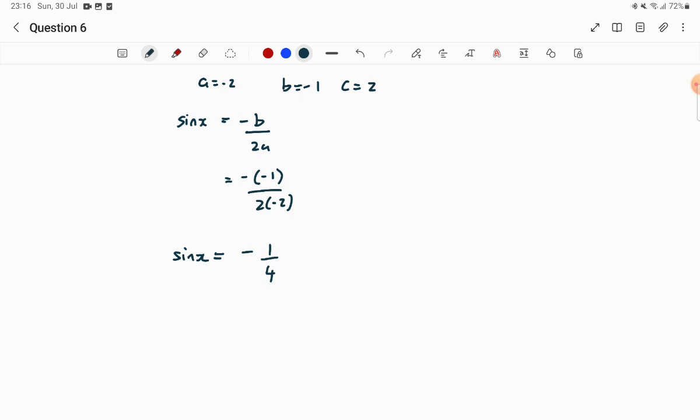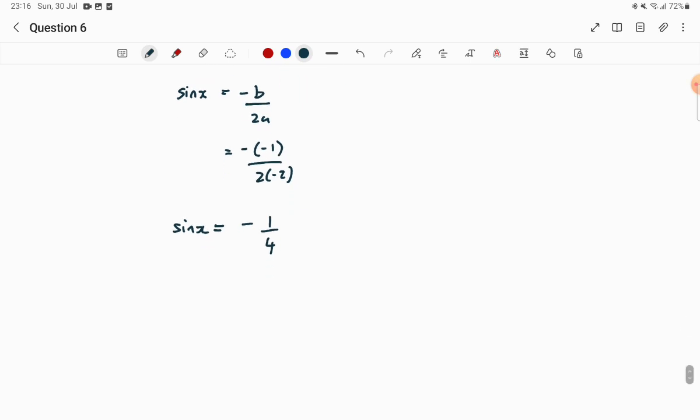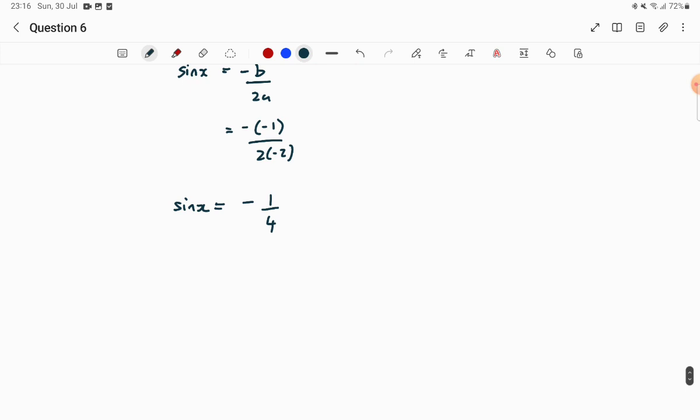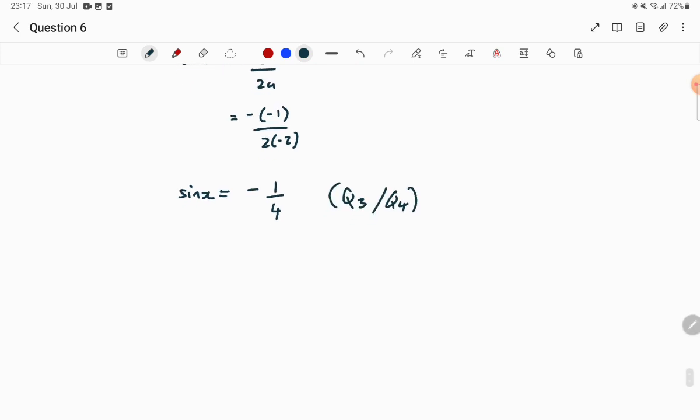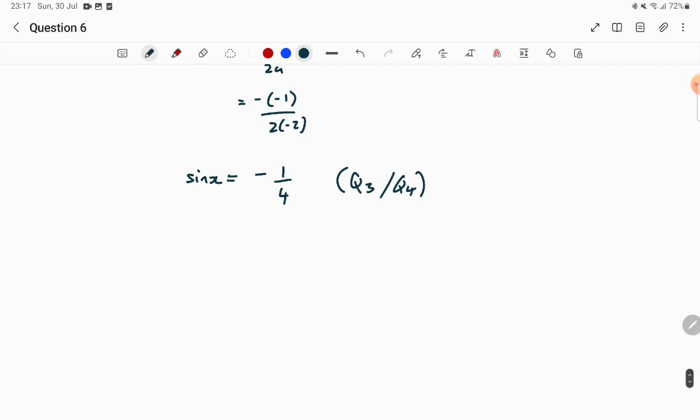And then we can have our two solutions where sine is negative, and therefore if we use our quadrant 3 and quadrant 4 formula, where it's 180 plus and 360 minus, we end up with x equals 194.48 degrees.